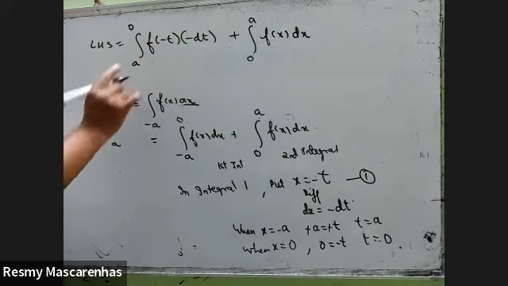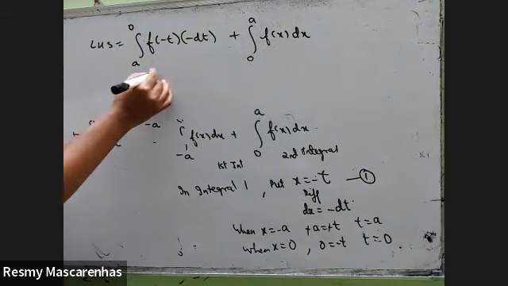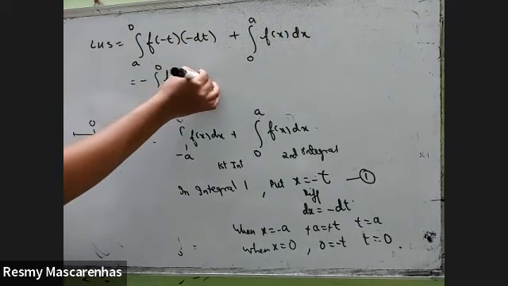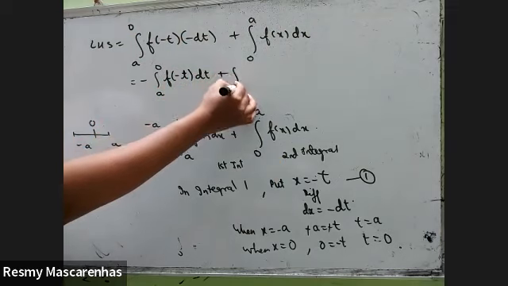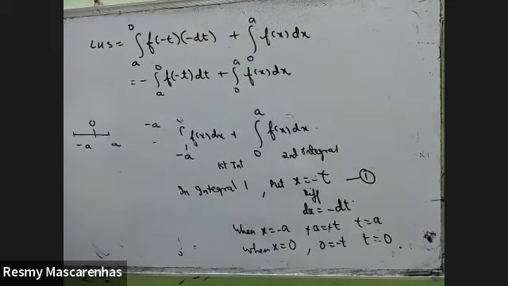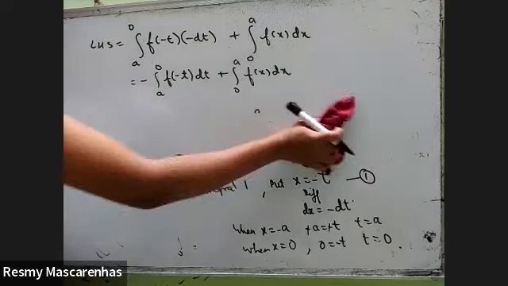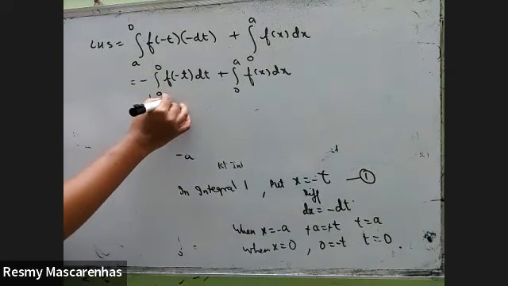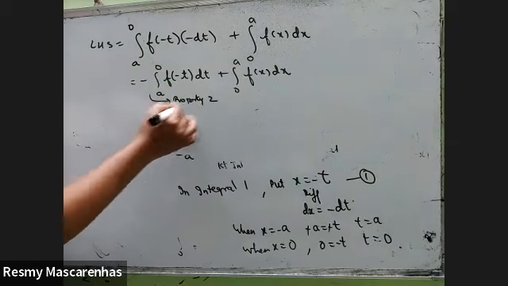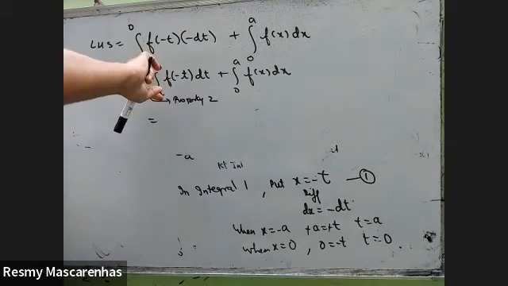Now this minus will come out here. Using property 2, use this minus sign. So this will be reversed now, 0 to a.